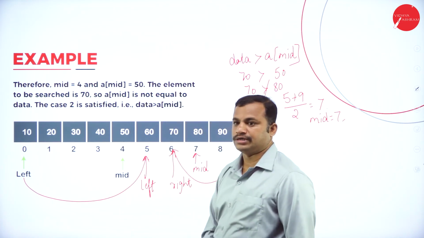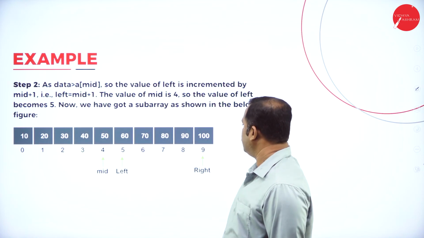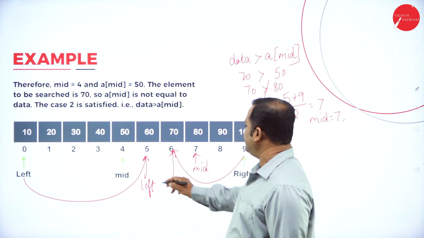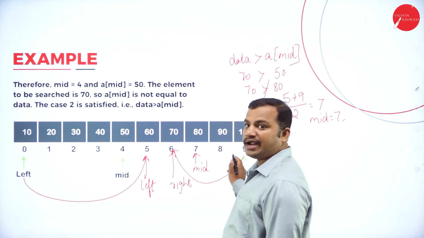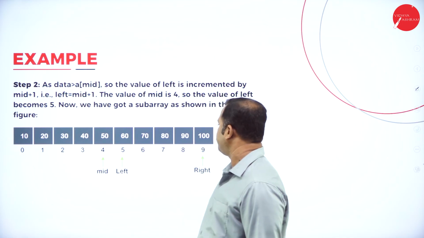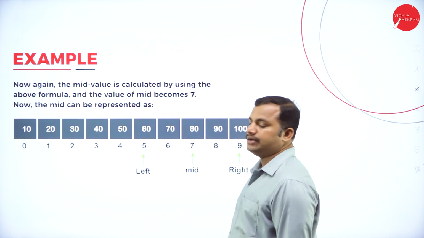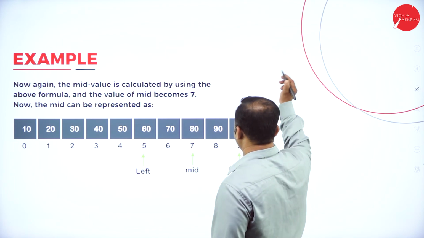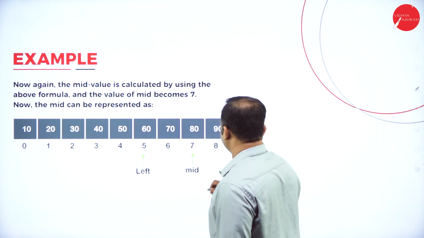Now, if you look at this, in the previous slide you observed that this is your left and this right remains the same. The same thing is explained here, and this becomes your mid. Now, if I apply that left plus right by 2, this becomes your right.